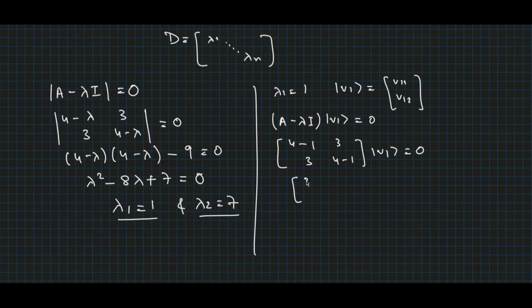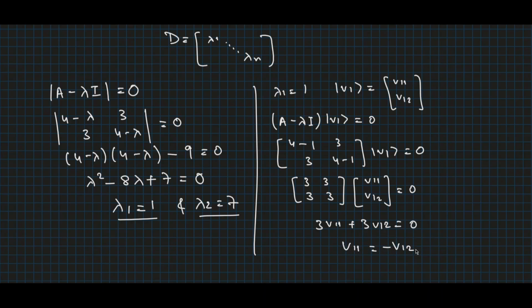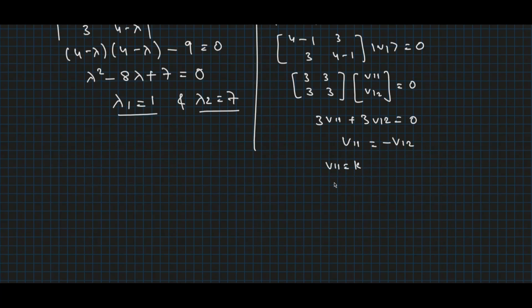So we have [3, 3; 3, 3] times [v11, v12] equal to 0, which implies 3 v11 plus 3 v12 equal to 0, which gives us v11 equal to minus v12. So if we take v11 equal to k, then v12 will be minus k. So we have v1 equal to [k, minus k].